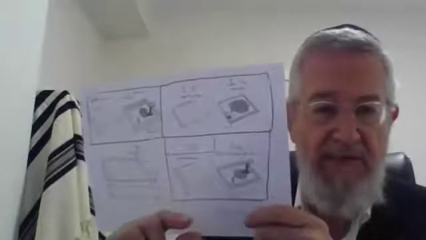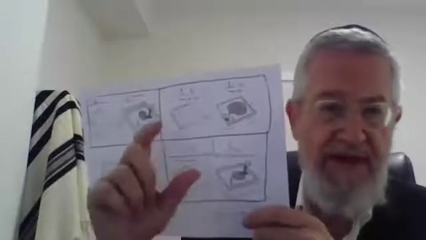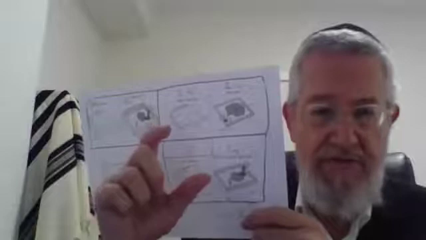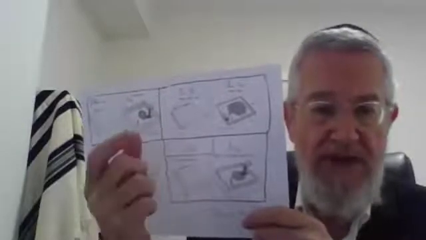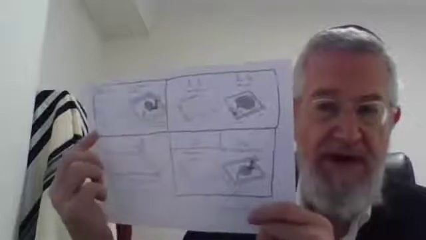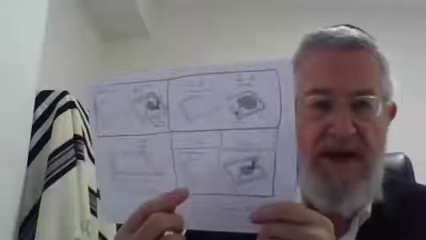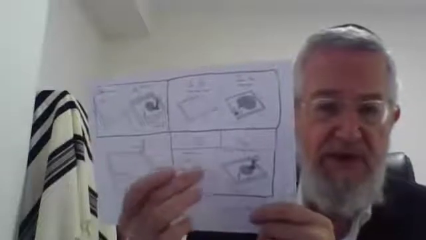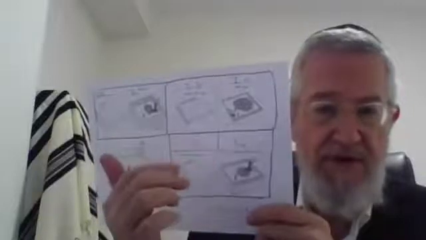So our Mizbeach right now is 6 amos high. The bottom level of 32 by 32 rises to 1. The second level, which is called Sovev, it encircles the Mizbeach, goes up 5, but is 30 by 30, and that's 2A and 2B. And then they did the same thing. They created a frame of 28 by 28 on top of the 30 by 30.